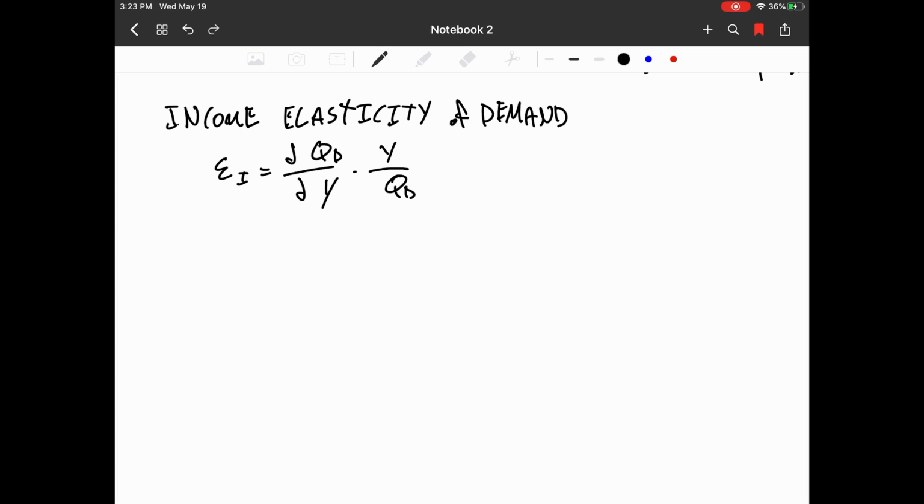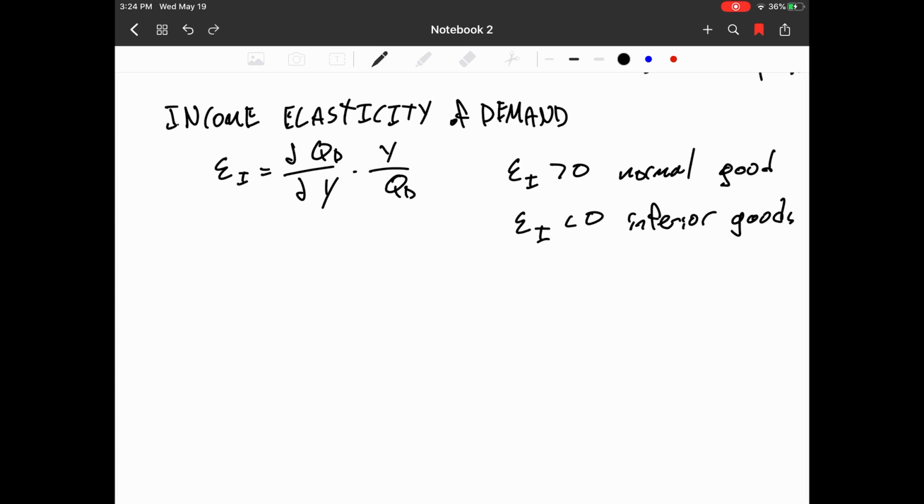And when epsilon I is positive, then the goods are normal goods. And when epsilon I is negative, then we have inferior goods. Okay.